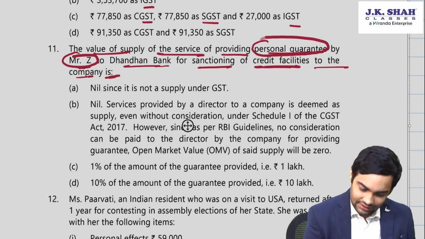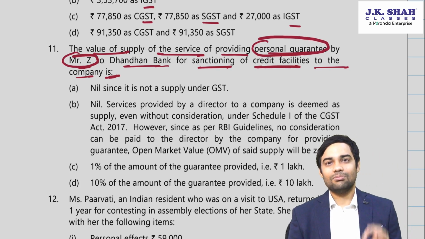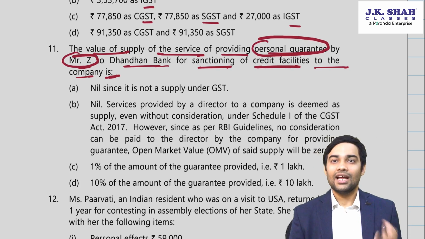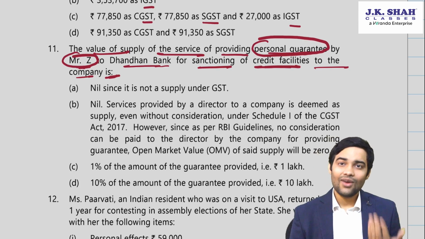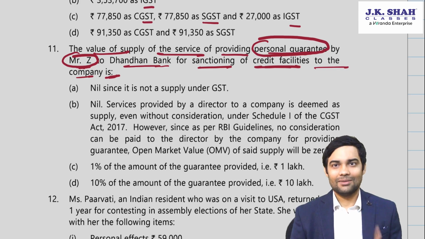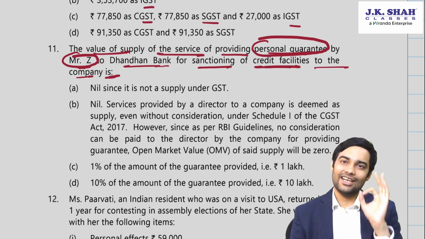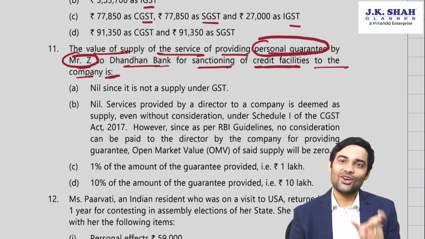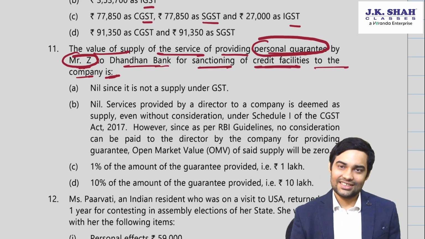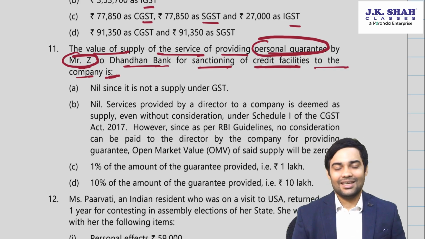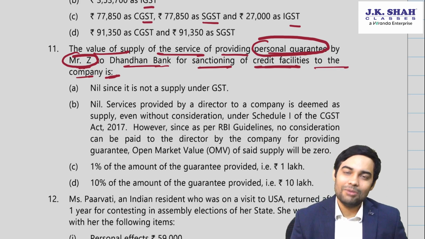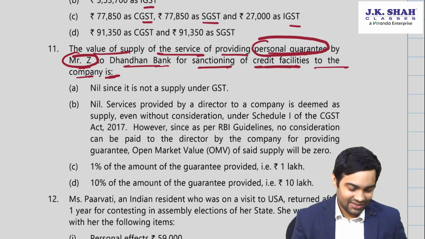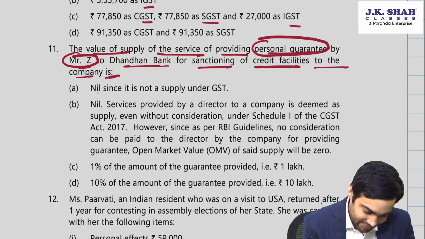People, this is a CBIC circular saying that a personal guarantee given by a director would be a supply, but the open market value of that will be 0 because RBI has said that for a personal guarantee there cannot be any amount which is charged for this. As RBI has said that no amount can be charged for this, the open market value of that transaction will be 0. Let's see whether it is there in the option. Nil, as it is not a supply.